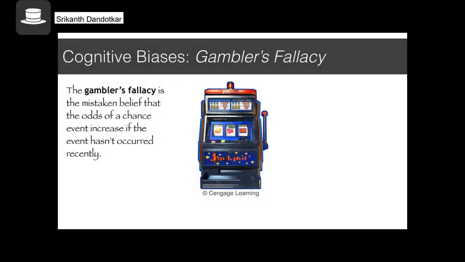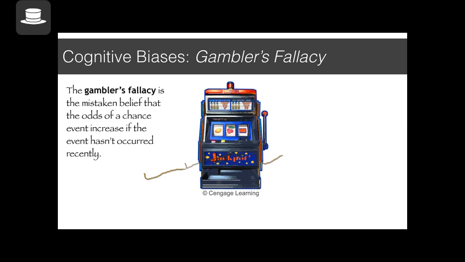Let's talk about another cognitive bias, the gambler's fallacy. Just imagine there is a slot machine that has not made a payout in some time. What people believe is that playing on it will yield better results, more money now, given that it hasn't paid out money recently.